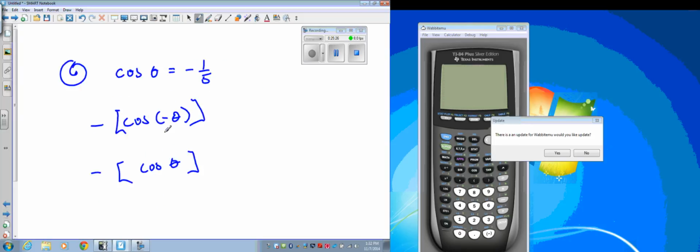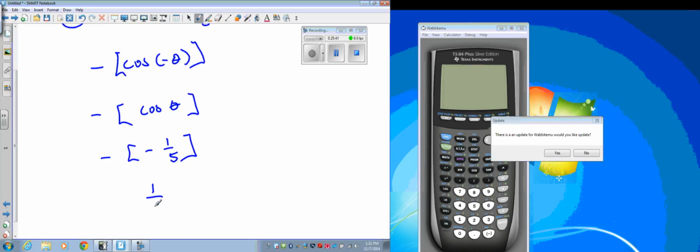Well, this is the relationship. Cosine of a negative theta is equal to cosine theta. Cosine theta is a negative 1/5. So the answer to this is a positive 1/5.